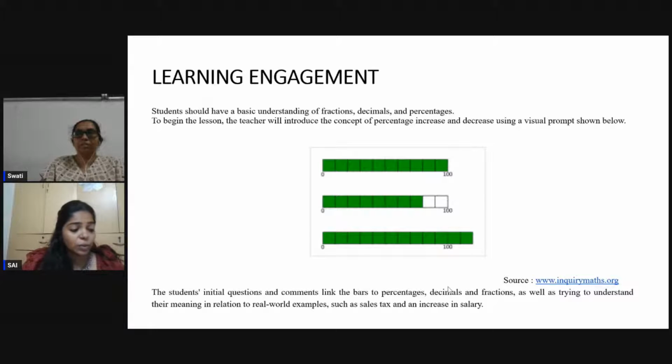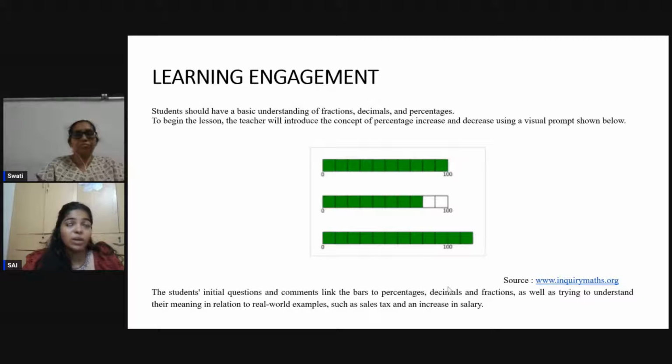And finally, to wrap up, like I said, we will summarize and ask the students about their takeaways from the session. Some of the challenges that I faced at the end of this session were that the students did encounter challenges understanding the basic concept of how percentage changes. Why is it changing? How is it changing?